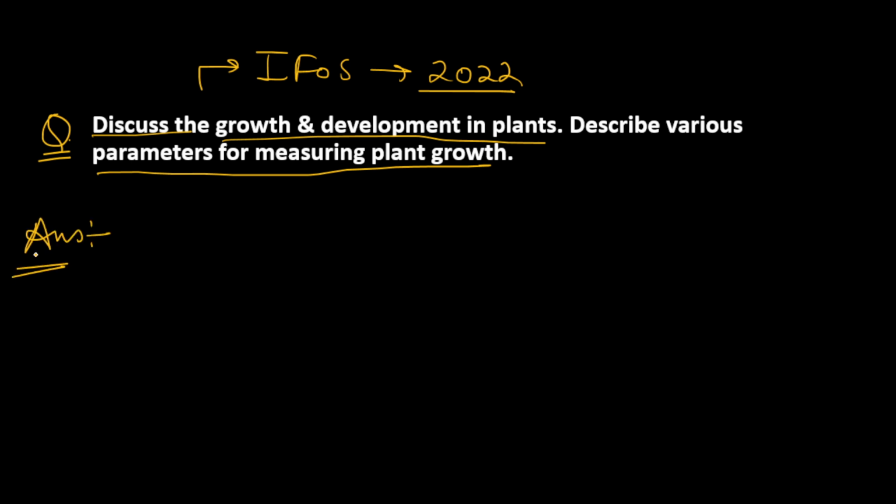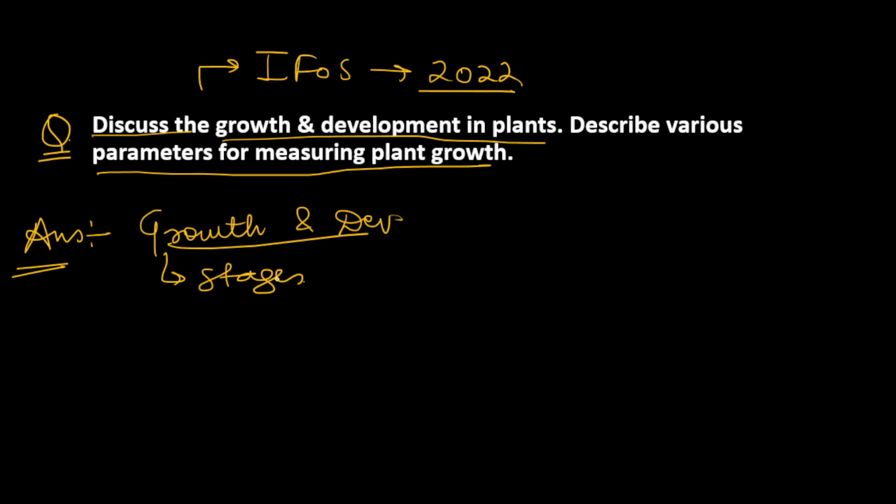So first of all, we all know what growth and development is, we should know this. A plant goes through various stages of life for its growth and development. There are various stages of life from germination to death of the plant, or you can say to the maturation period.